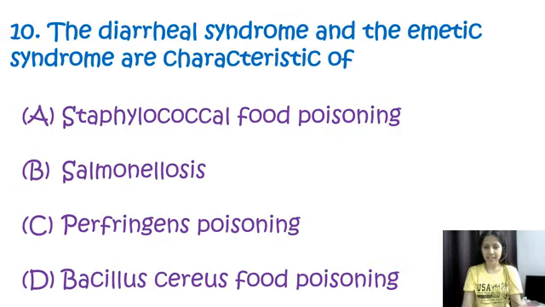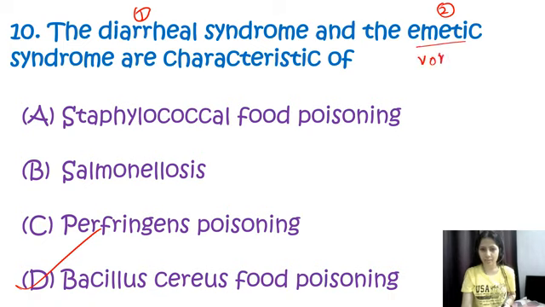Next, question number 10. The diarrheal syndrome and the emetic syndrome are characteristics of, options are staphylococcal food poisoning, salmonellosis, Clostridium perfringens food poisoning, or Bacillus cereus food poisoning. My correct option is D, Bacillus cereus food poisoning. This bacterium can produce two types of syndromes: the diarrheal syndrome and the emetic syndrome. What does emetic mean?